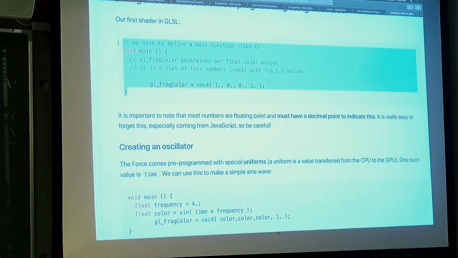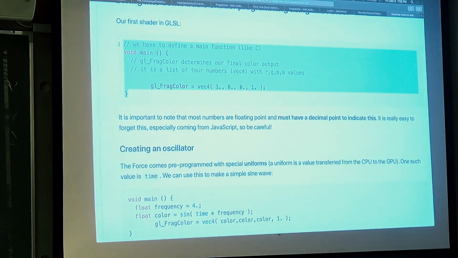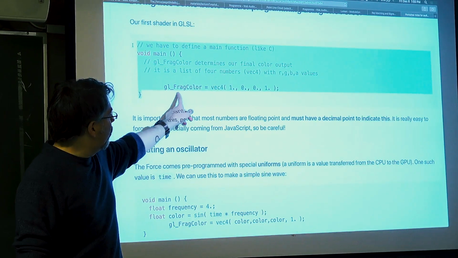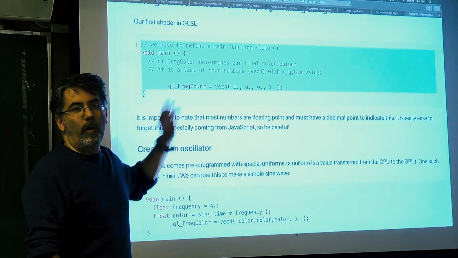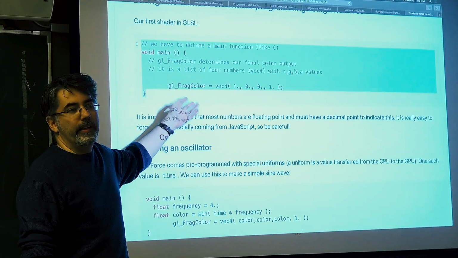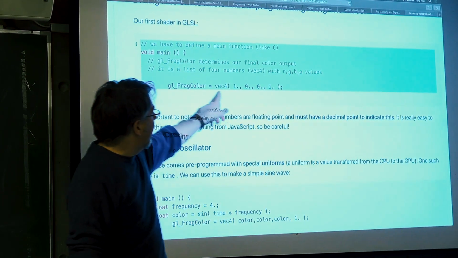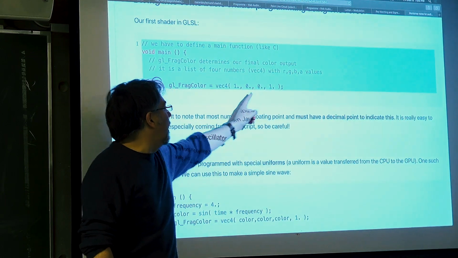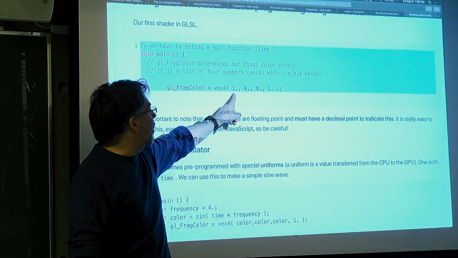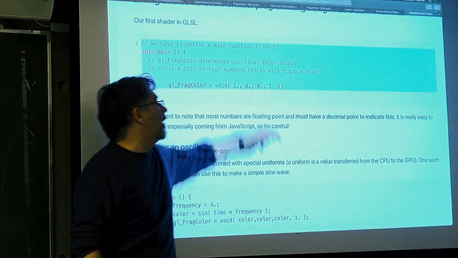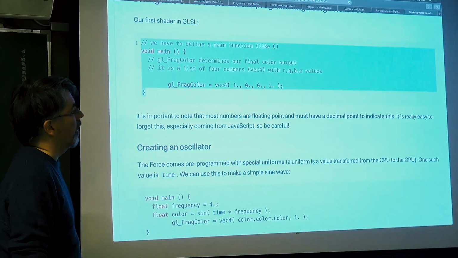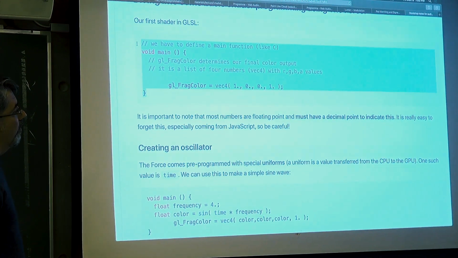It's supposed to create a color for each individual pixel on the screen. And so this gl_FragColor is just a fancy keyword for what the final output color of the fragment shader will be. And then we give it a list of 4 items. The first one is the amount of red in the color, the amount of green, the amount of blue, and then the alpha value, the opacity of the final color that's presented right there.